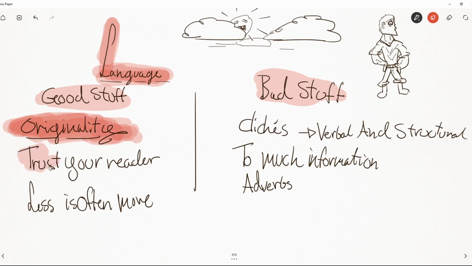You need to trust your reader, and what I mean by that is that you cannot explain everything. You should probably give some details and not all of them. For instance, if I were to explain this guy over here, I wouldn't say that his jaw was V-shaped, he had rings around his eyes, he had kind of spiky hair, his mouth was very little, his neck was big.